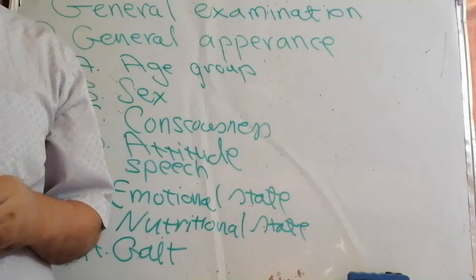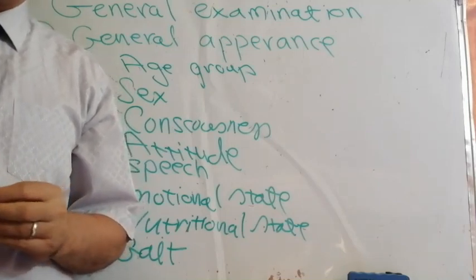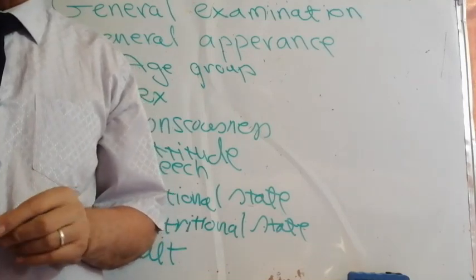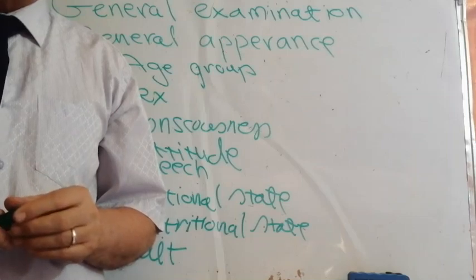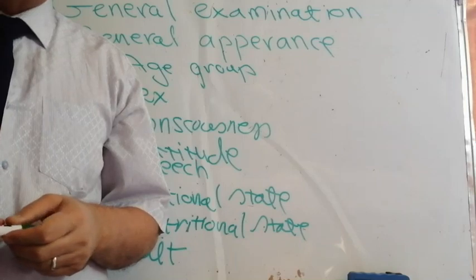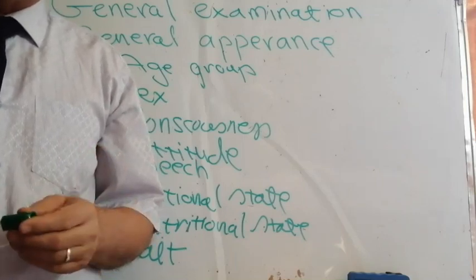The gait of the patient can give us a clue to the diagnosis of his condition. In certain conditions, poliomyelitis or foot drop or bilateral dislocation of the hip, each one will have a special gait.